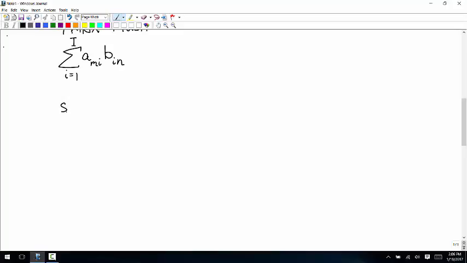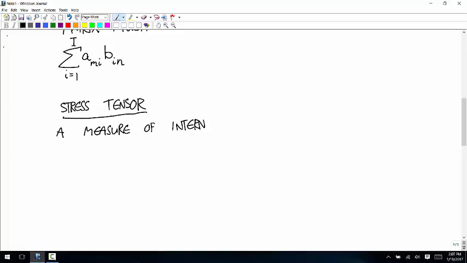Okay, so the stress tensor. This is a measure of internal loads at a material point.